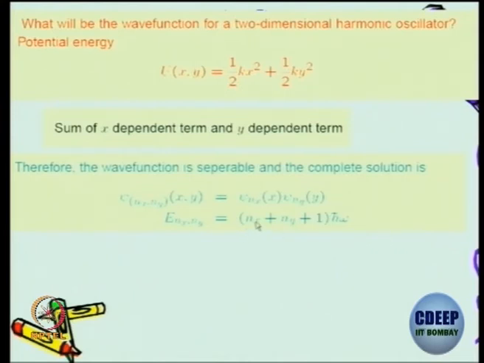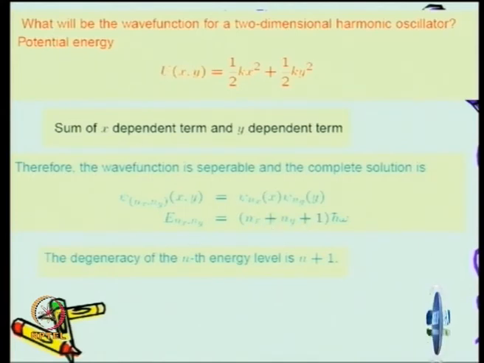They can be added to give you nx plus ny plus 1 times h cross omega, and there is a product of two wave functions. The forms are exactly similar to your one-dimensional harmonic oscillator, only the variable x will be replaced by variable y and the appropriate quantum number. So, there is one more feature once you go to two dimensions. What is the feature? The degeneracy of any level: given an integer n equal to nx plus ny, it's actually a whole number, it could also be 0.